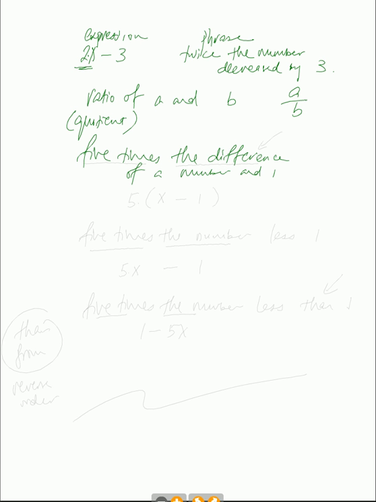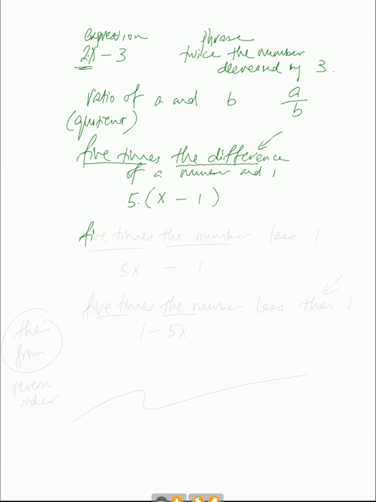So think carefully. What's 5 times the difference? So 5 times, you understand 5 times means 5 times. 5 times what? 5 times the difference. So that means I have to use a parentheses. And I think you can guess what's in the parentheses. What does difference mean? Subtract, right? So that creates 2 spots, one before and one after. And that's when you put the number and you put 1.